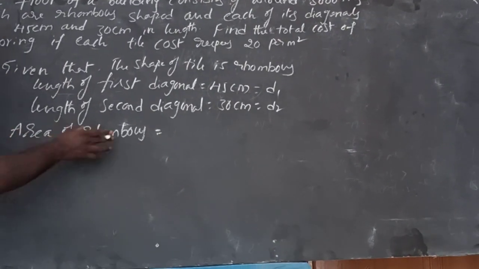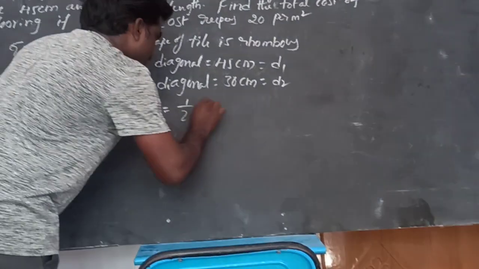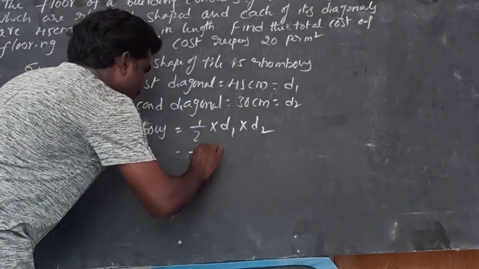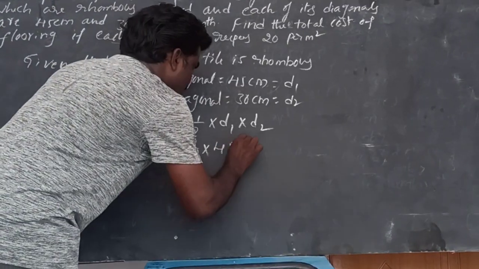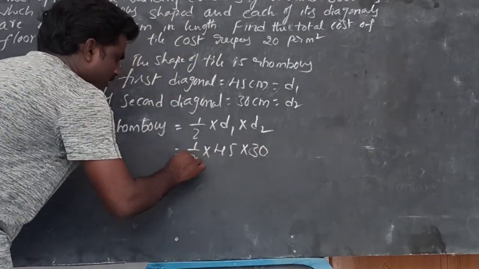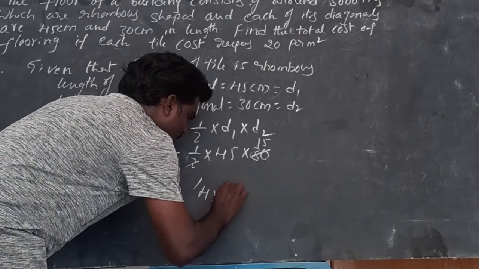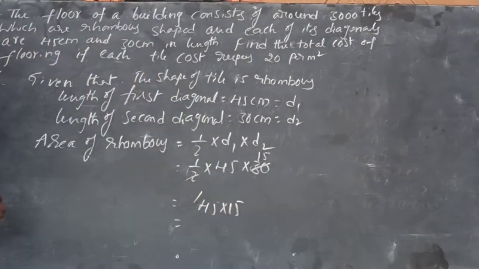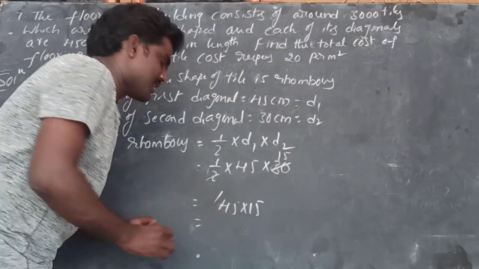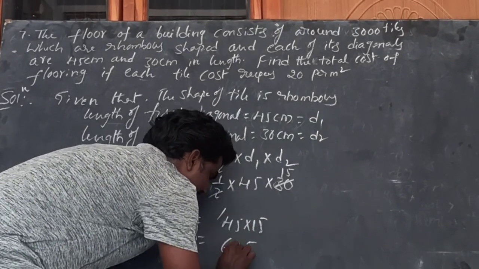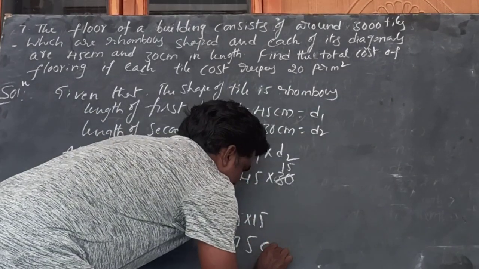So the area of a rhombus is half into d1 into d2. That is half into d1, 45, into d2, 30. Half of 30 is 15, so that is 45 into 15. 45 into 15: 15 times 5 is 75, 15 times 4 is 60, 60 plus 7 is 67, so 675. The unit is centimeter square, since 45 centimeter into 30 centimeter gives centimeter square.